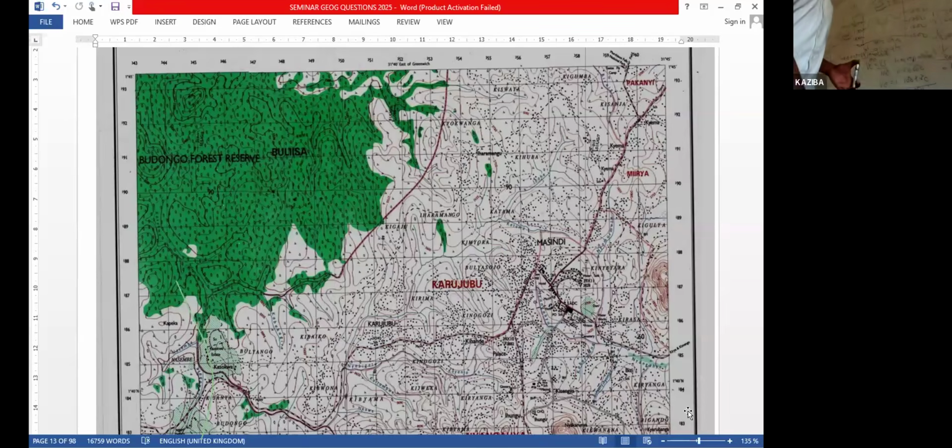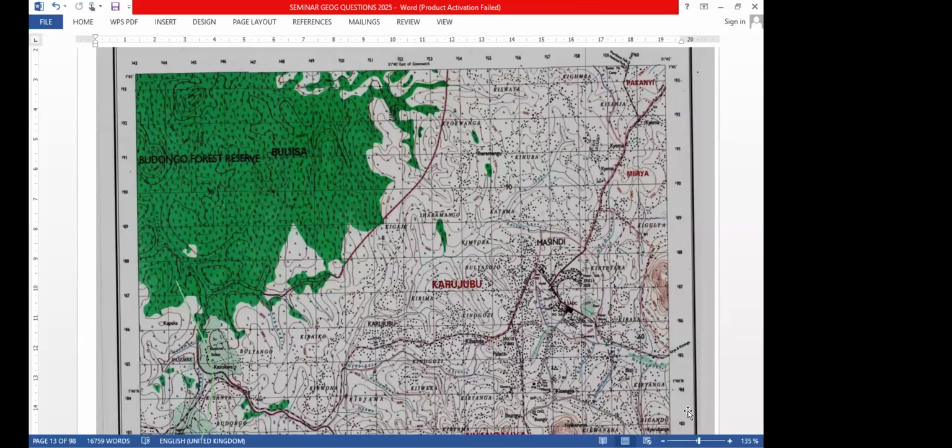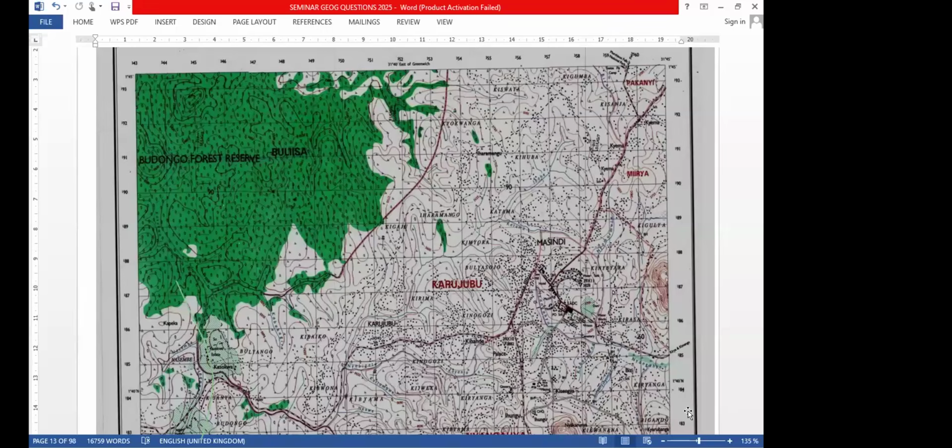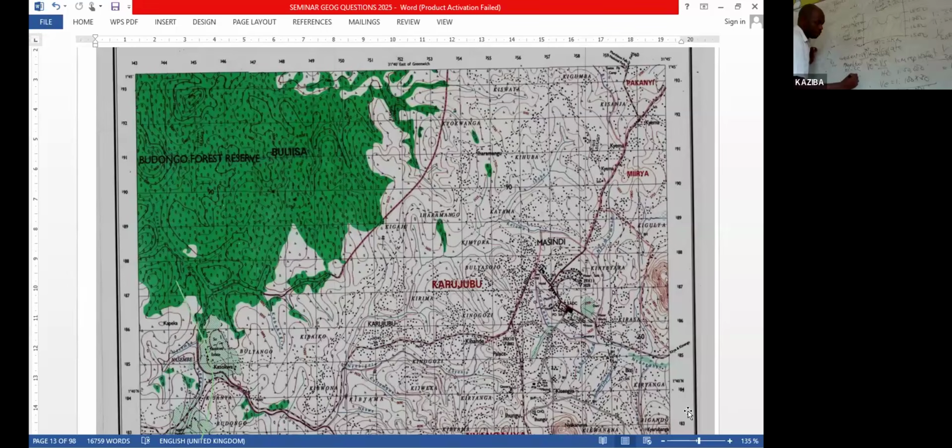Now the vertical rise is this one. The amplitude is the difference between the highest contour minus the lowest contour. Let's say our highest between here was 1,500 and our lowest was 1,100. When you subtract, you get 400.